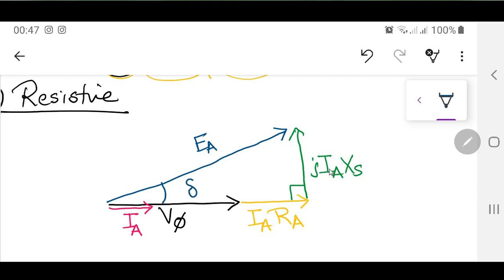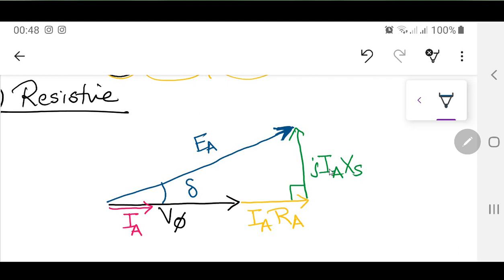Now this angle delta, you can make this a little up over here. This is a little mismatching. So between EA and V phase, there is a delta angle. This delta angle is called the torque angle.